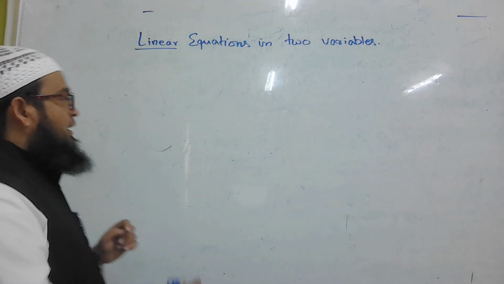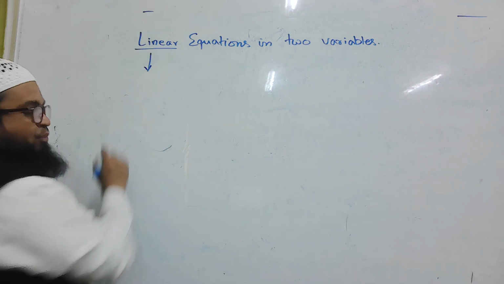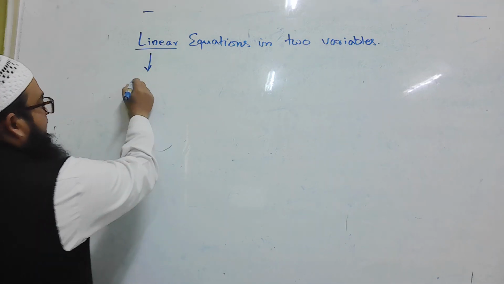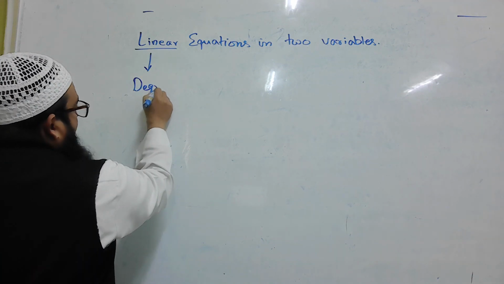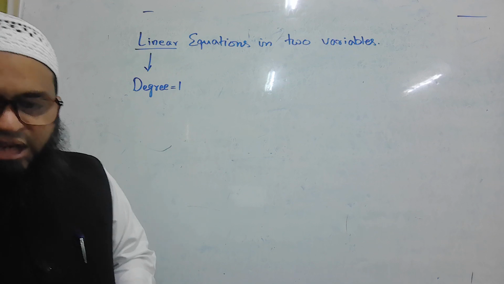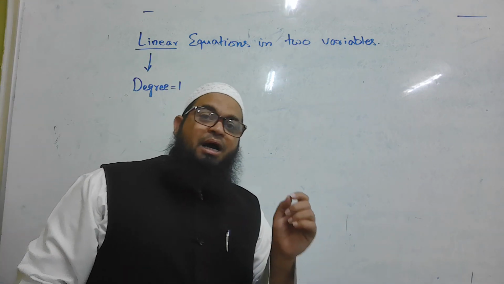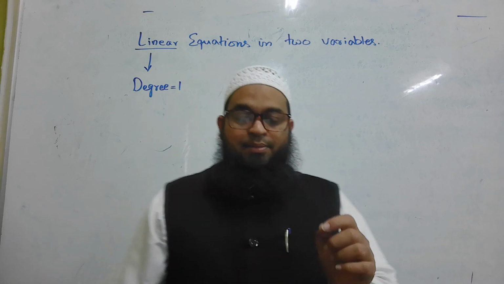Highest degree is 1. So linear polynomial is a polynomial with degree 1. So what is degree? Degree is the highest power of the variable.